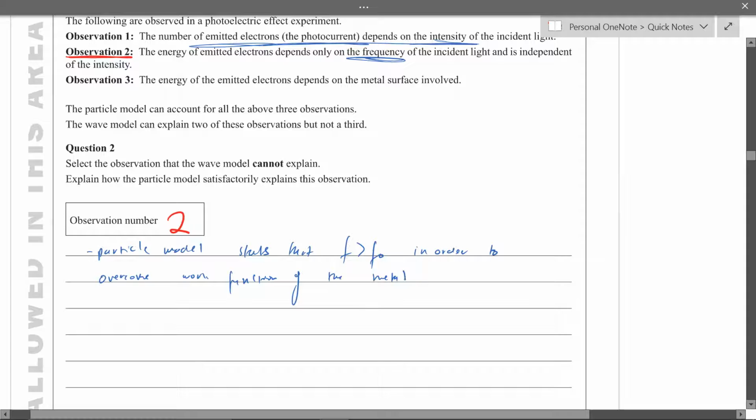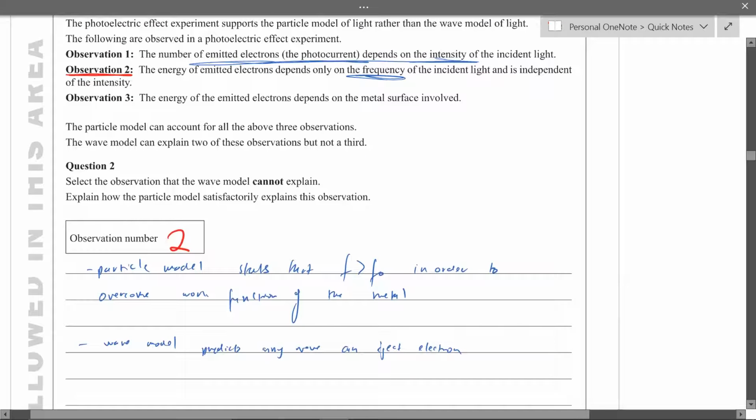So write something like that, and then maybe mention the wave model predicts any wave can eject an electron. I didn't write it because I got this question wrong, but yeah, add detail.